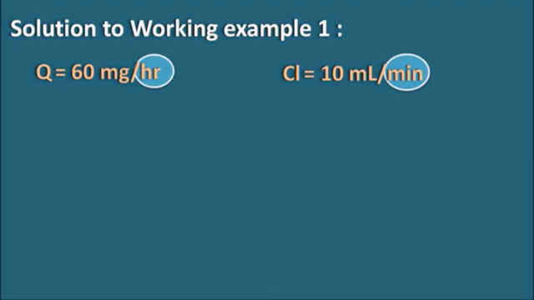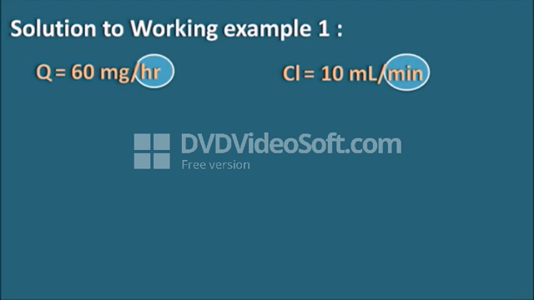So one is in hour and another is in minute, so we have to change it. We will multiply this by 60 minutes. So it will become 60 into 10 ml per hour, that is 600 ml per hour. So now the units become similar. Now let's calculate CSS equals Q upon CL.